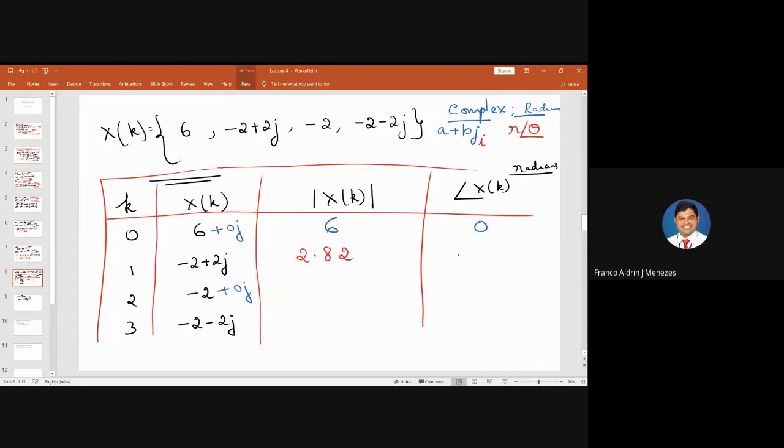And angle? 3 pi by 4. Okay. So angle is 3 pi divided by 4. This is in radians. This value is in radians now.